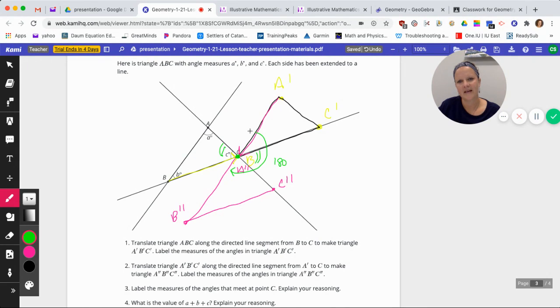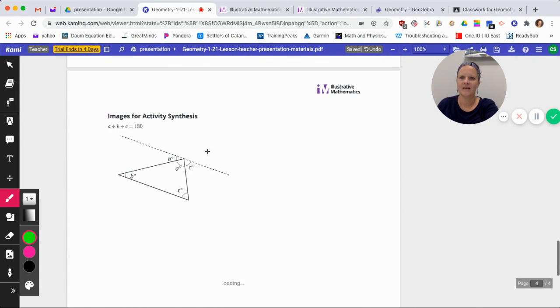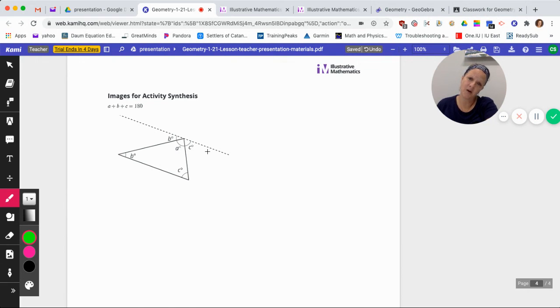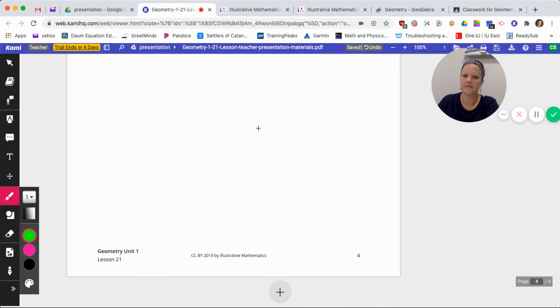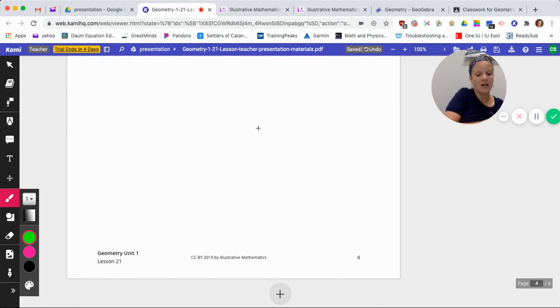Okay, it's another way to prove the triangle sum theorem, which says that the 3 inside angles of a triangle will always add to 180. And this is sort of the final product of the first one we did. And that's it.